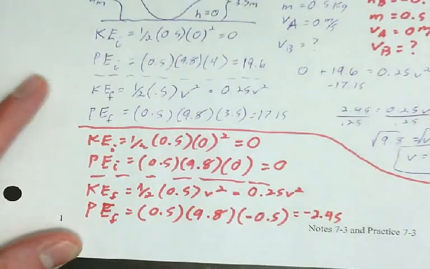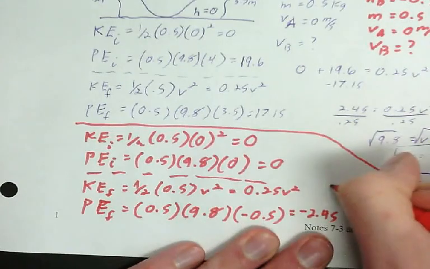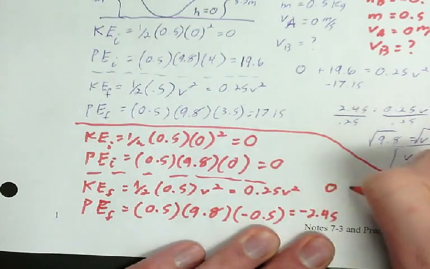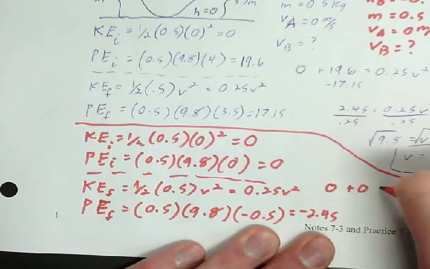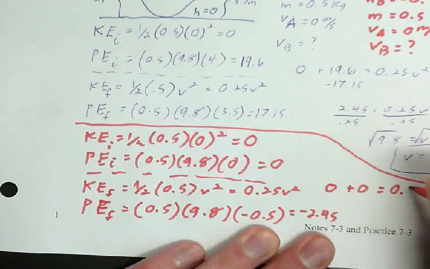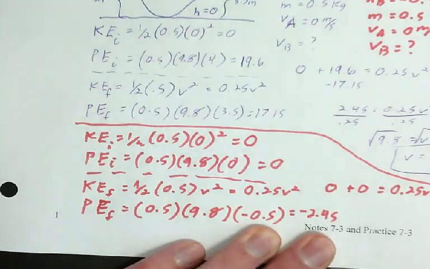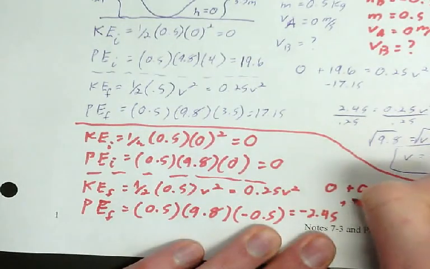2.45. So if I set this up, I get kinetic energy initial plus potential energy initial equals kinetic energy final plus potential energy final. But my potential energy final is negative 2.45. So I'm going to add 2.45 to both sides.